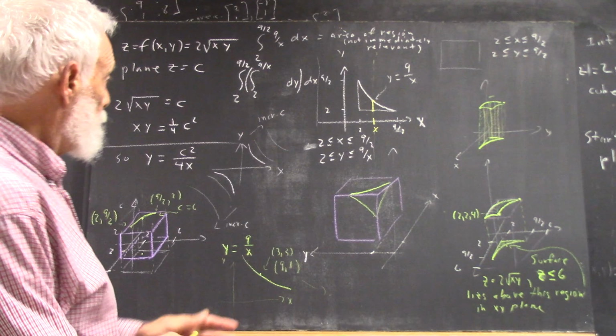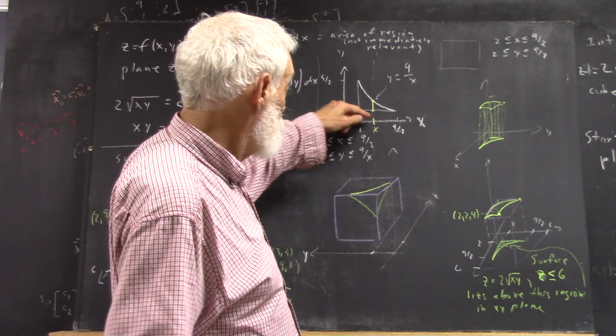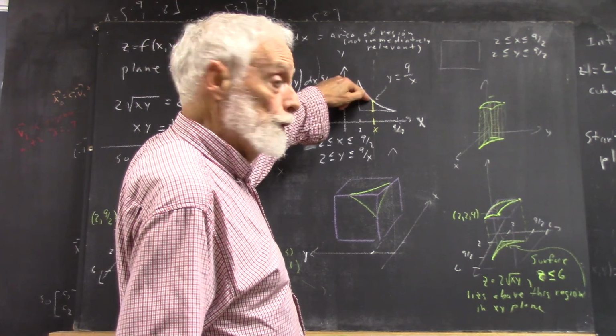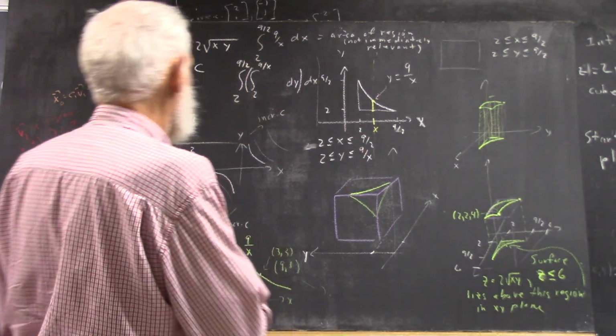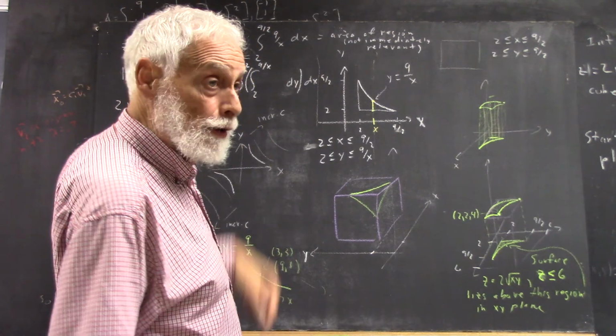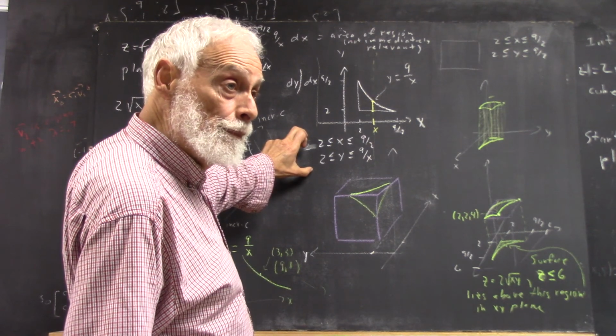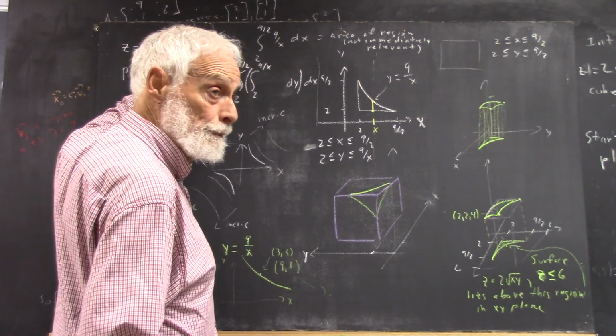The limits on this region: x goes from 2 to 9/2, y goes from 2 to 9 over x. Okay? So this description gives us this integral.